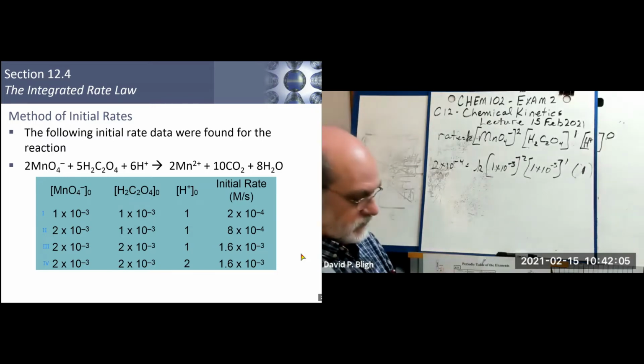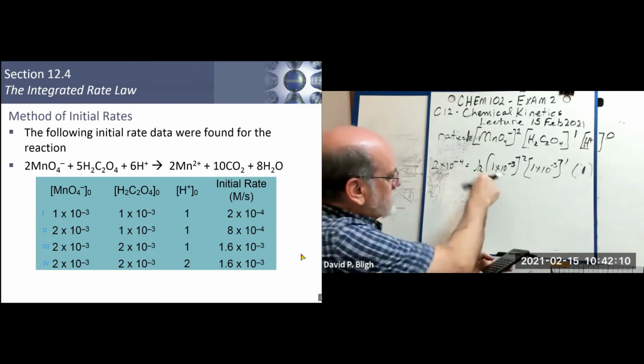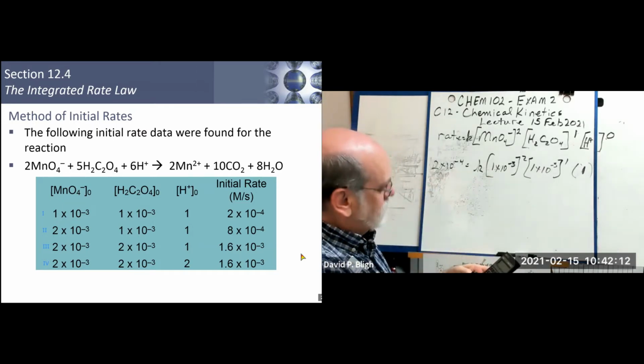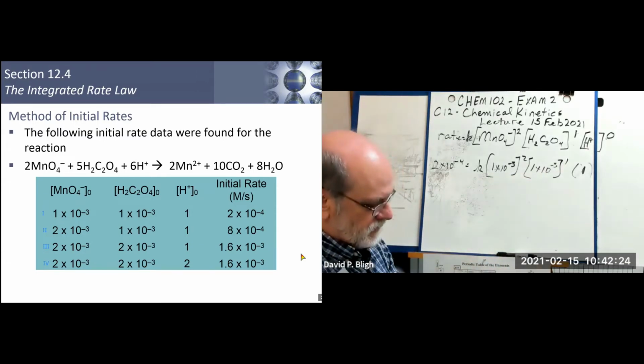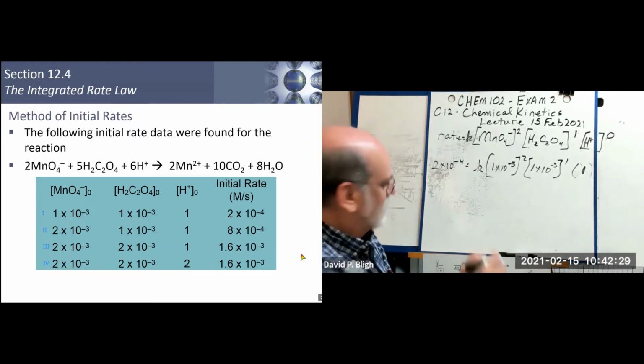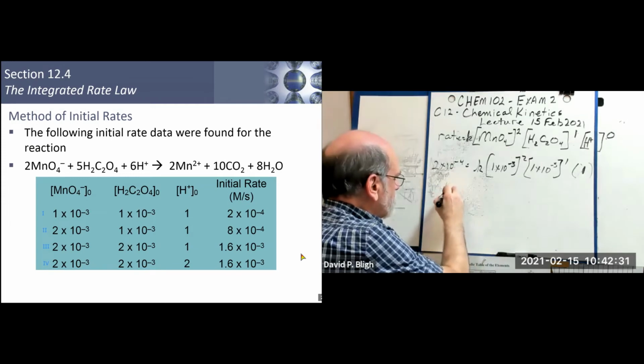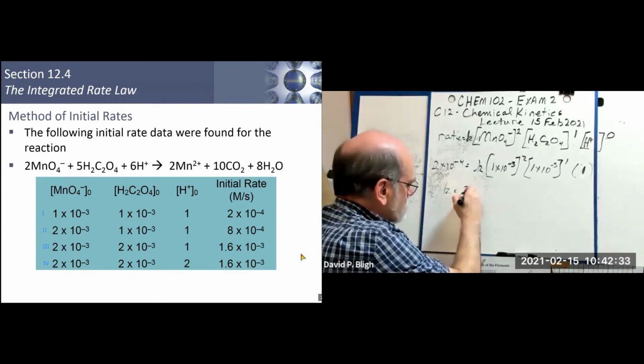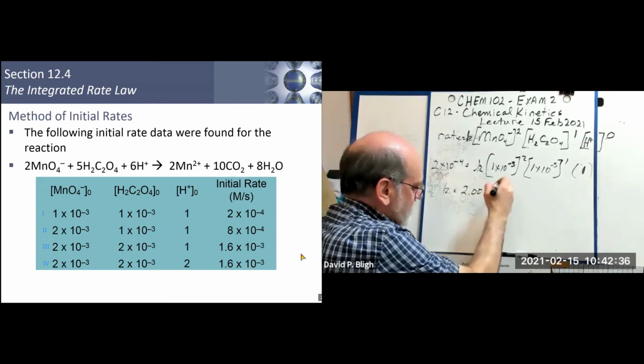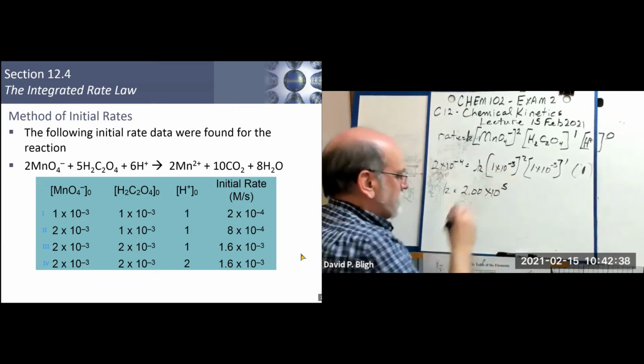So I got to do it again. And then we'll take this one, 1 exponent 3, change sign, and square it. Now I can divide. And then this one is first power, so I'm good there. So now K becomes 2 times 10 to the 5th power.